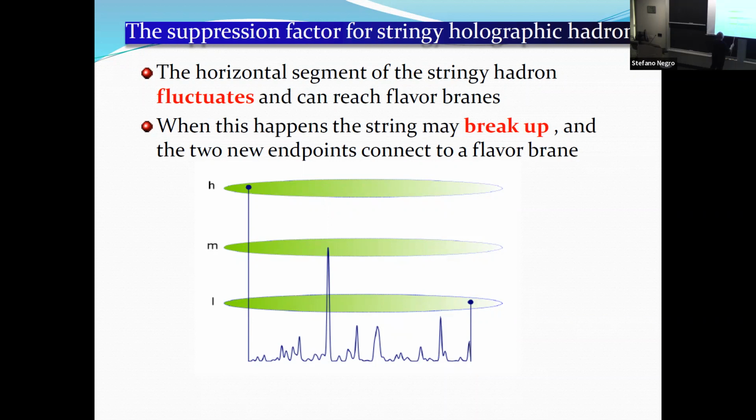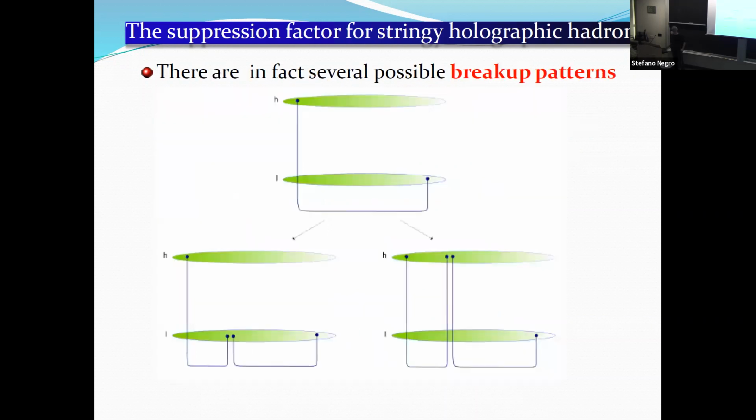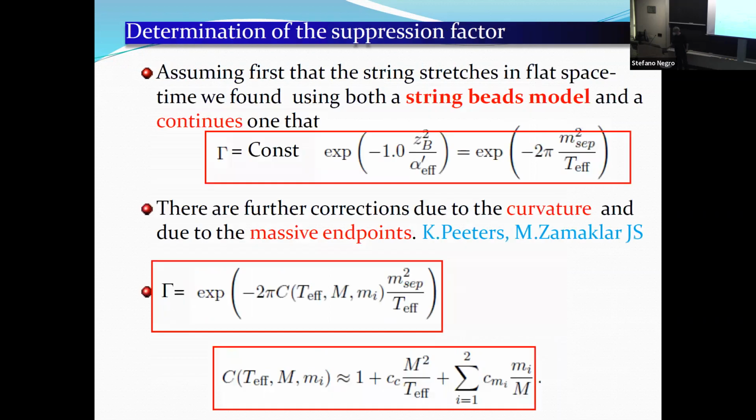We did it by describing the string as a string of beads, and also we can do it in a continuous way. Okay, so the breaking can be of different forms. You can break with creating a pair of light quarks or a pair of heavy quarks. And the answer is that the probability goes perhaps as e to the height squared over alpha prime, which translates to e to the minus m squared over T. This is, if you want, the stringy version of the Schwinger mechanism.